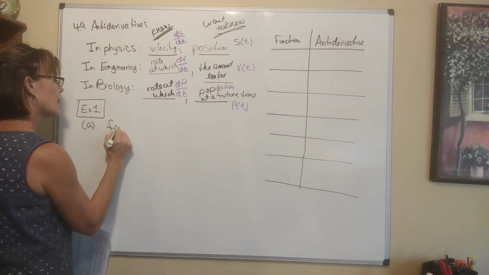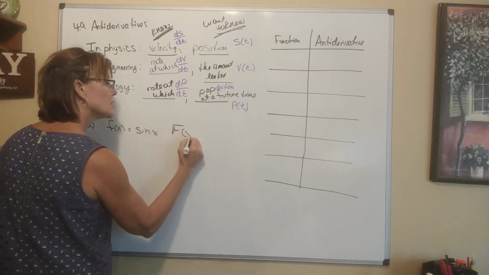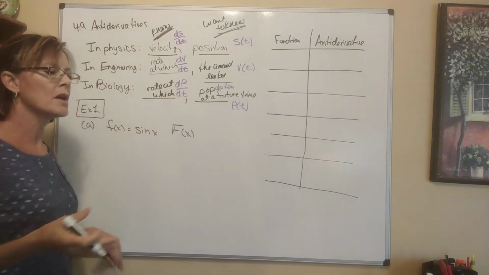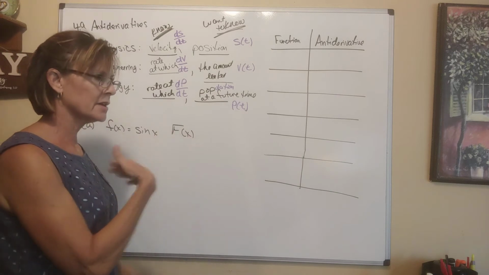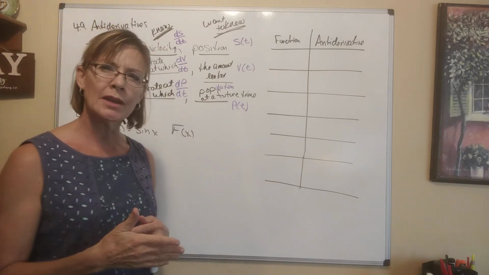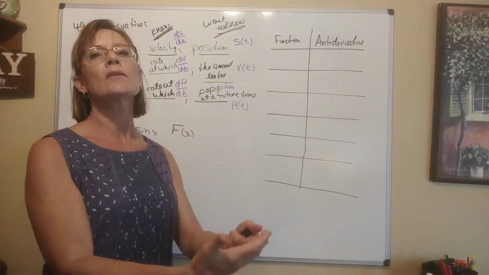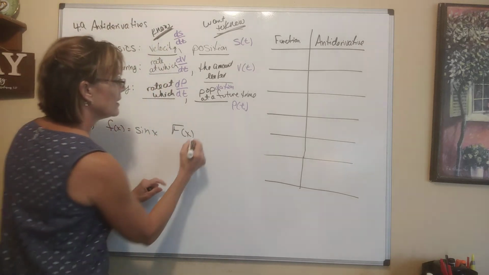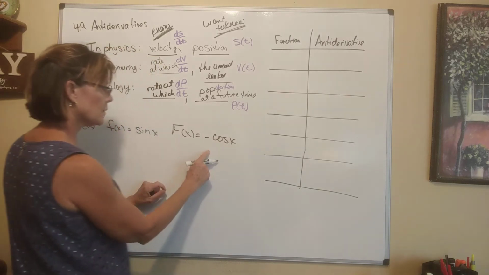If f of x is the sine of x, what function could I take the derivative of and get the sine of x? Do we know one? Well, we know one that's kind of close. Cosine and sine are related to each other. If you take the derivative of cosine, what do you get? You get negative sine. So if I want to take the derivative of something and get positive sine, I just have to tack a little negative on there. Negative the cosine of x. Let's see, would this work?